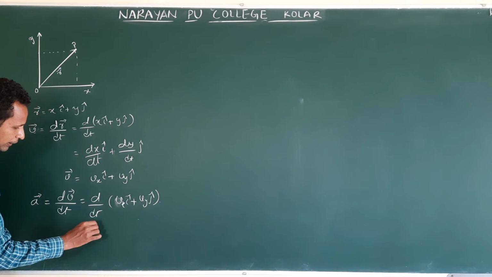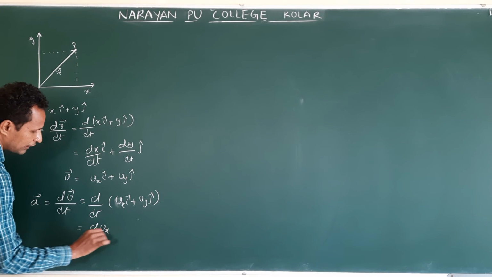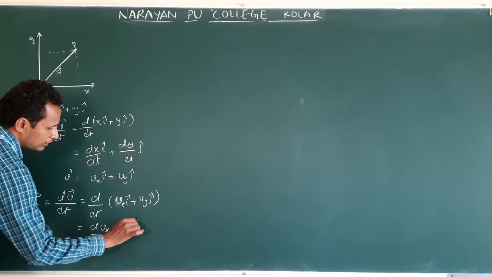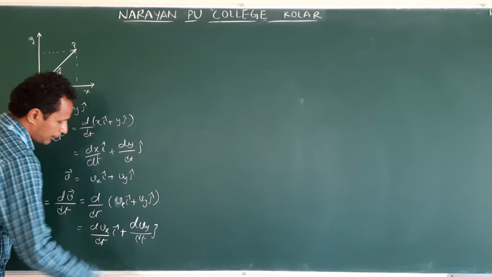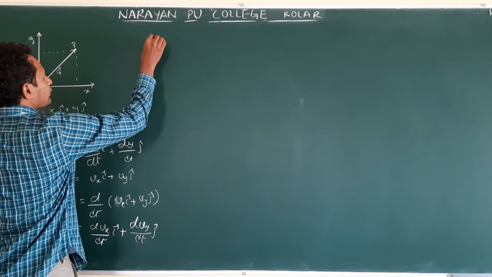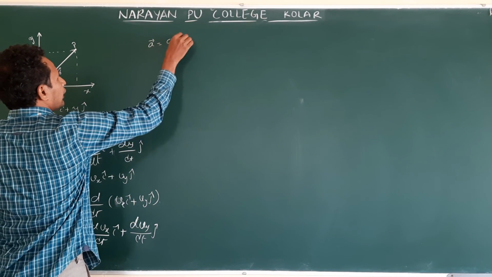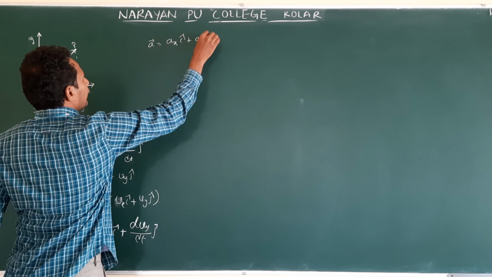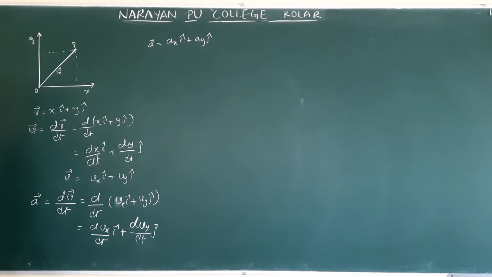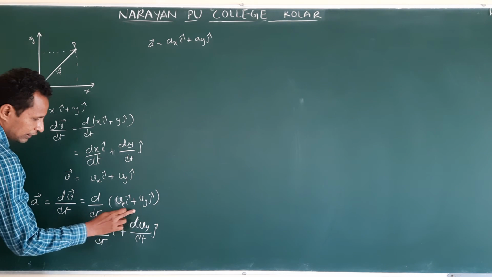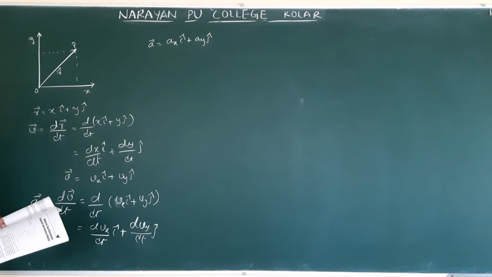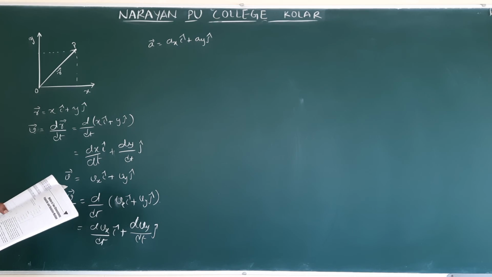So then this will be dvx by dt i cap plus dvy by dt j cap. Then a is equal to ax i cap plus ay j cap. Rate of change of velocity along x direction, along y direction. Clear. So ax i cap plus ay j cap.